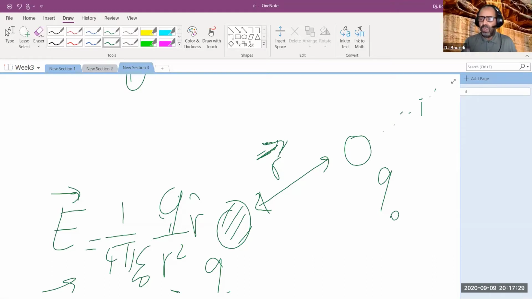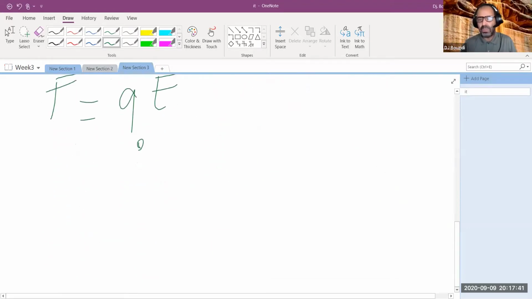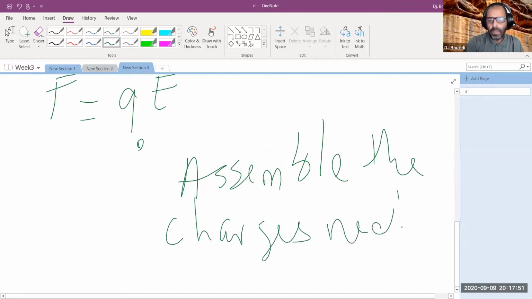I have to do work, and I'm going to take them both positive in this case to make the concept a little bit easier, to assemble these two charges. So in order to assemble the two charges, we need work, okay?